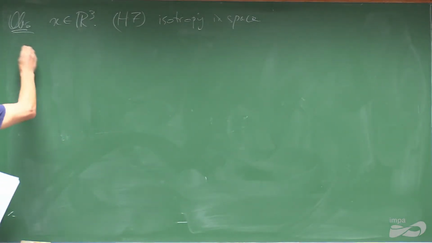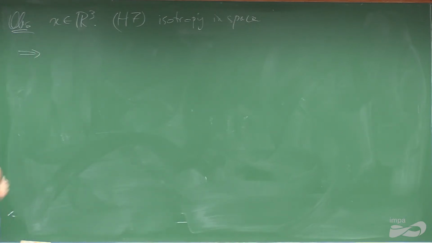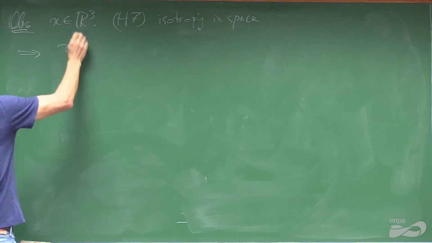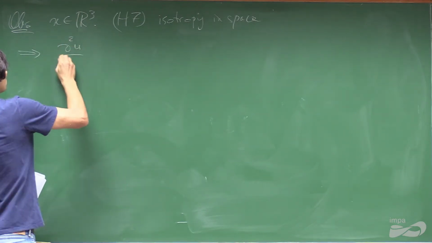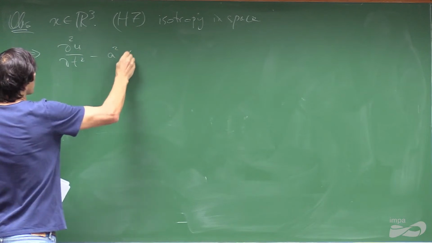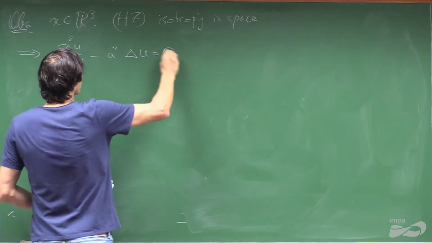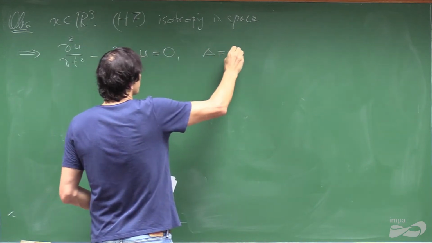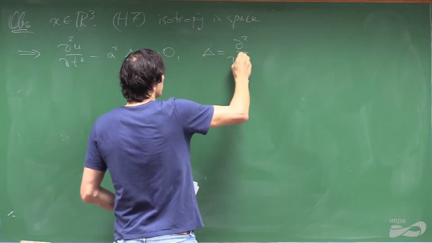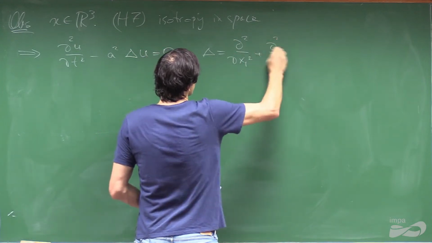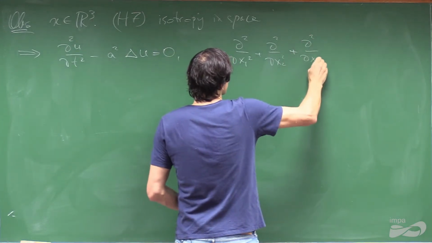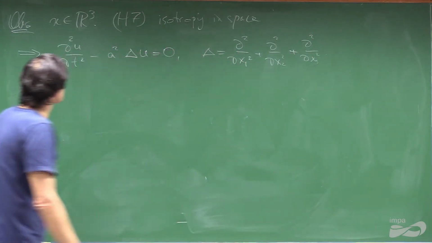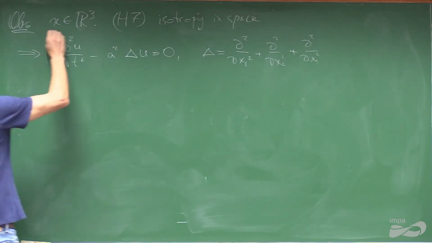In that case, I will not derive this, but the wave equation also reduces to a single constant, and it has this form: the second derivative of u with respect to t minus a squared times the Laplace operator of u, where Laplace is just notation for the sum of second derivatives with respect to all coordinates in your space. So that's a generalization of the wave equation to higher dimension.